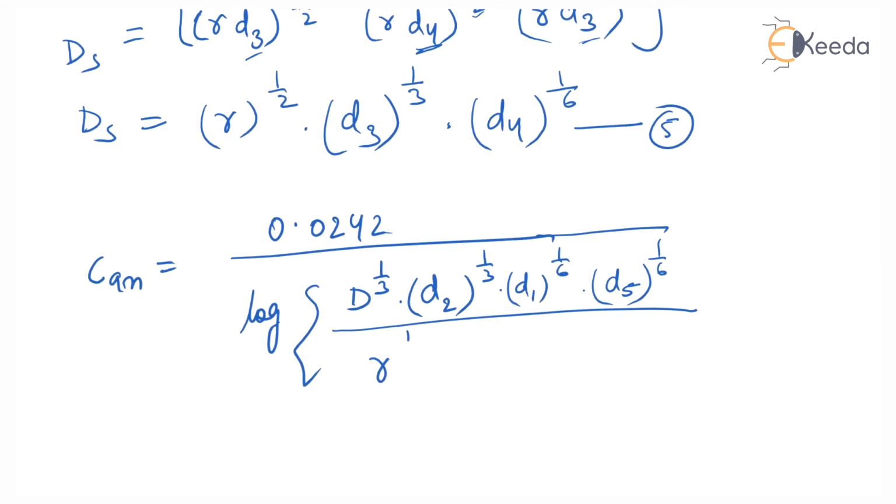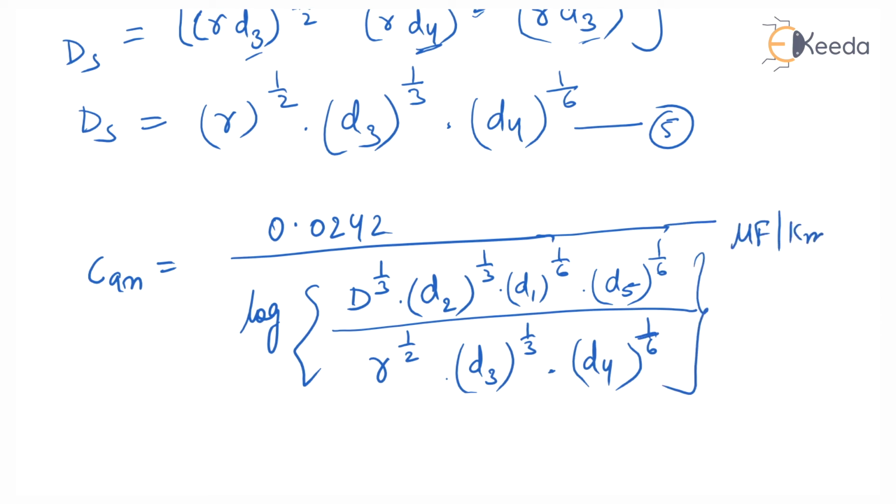So this is R 1 by 2 into D3 to the power 1 by 3 into D4 to the power 1 by 6, microfarad per kilometer. So this is the per phase equivalent capacitance to neutral for section 1.